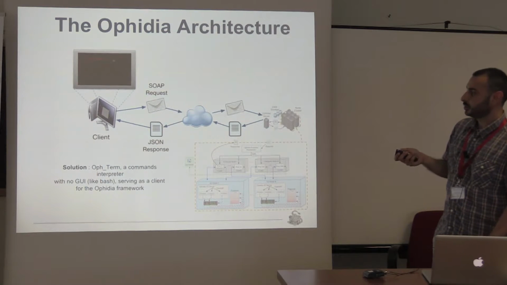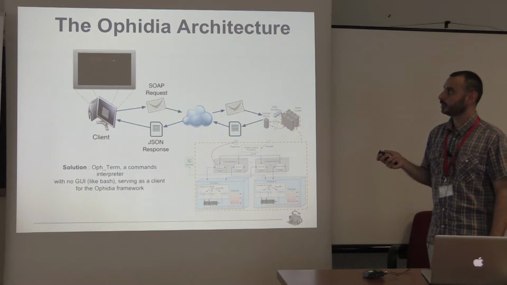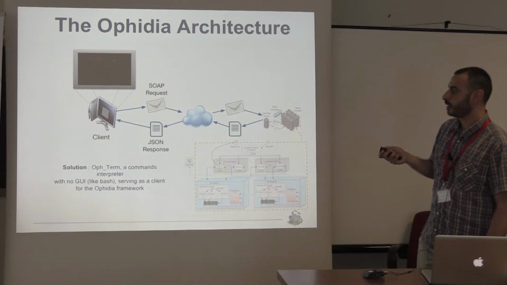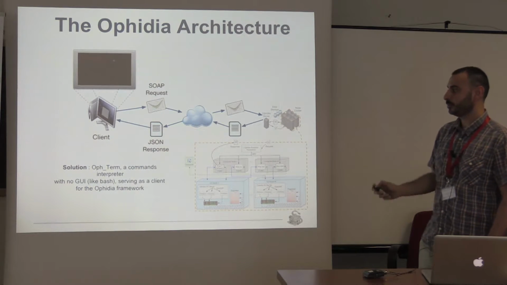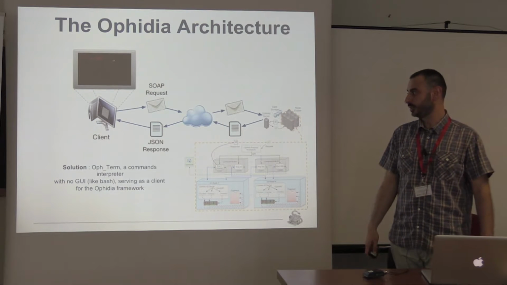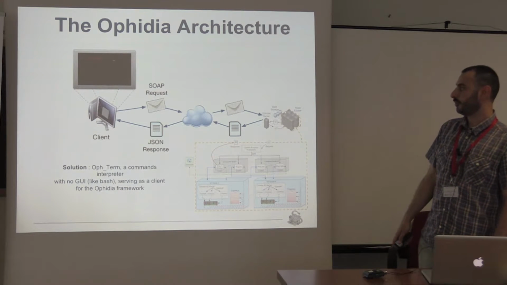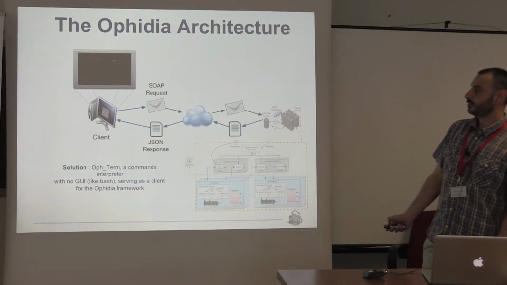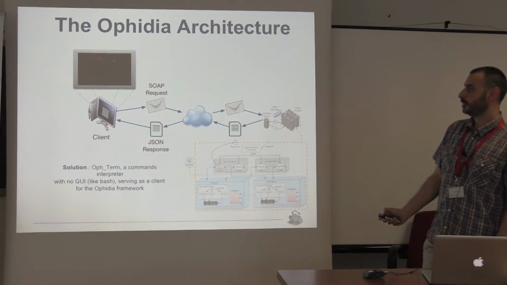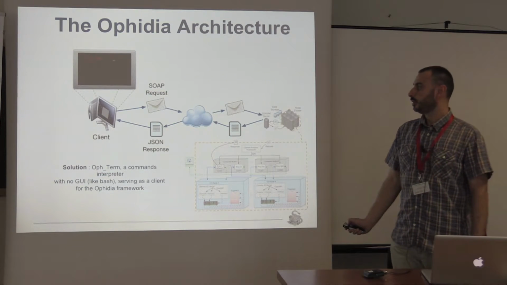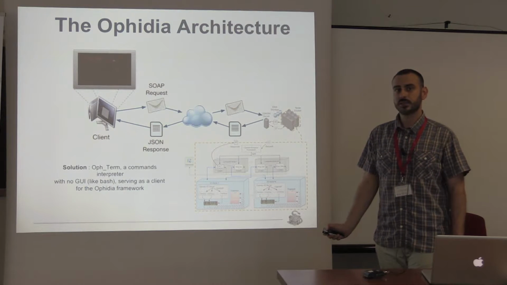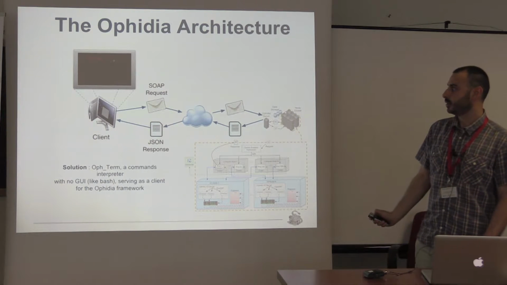The solution is the Ophidia terminal, a command interpreter, like Bash, that serves as a client for the Ophidia framework. Specifically, it interacts with the server, exchanging JSON messages inside SOAP requests.